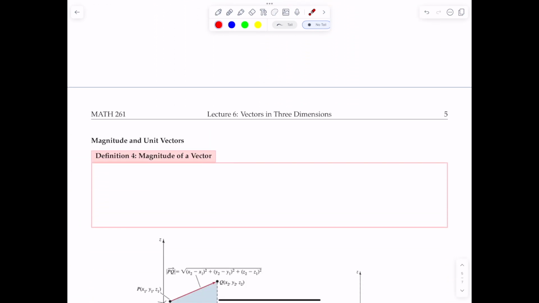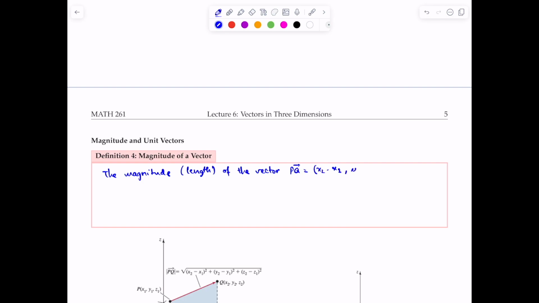So now let's move on to magnitude and revisit the idea of unit vectors. For the magnitude of a vector, again, this is the three-dimensional case. So we have that the magnitude, or length, of the vector PQ equals ⟨x2 minus x1, y2 minus y1, z2 minus z1⟩.